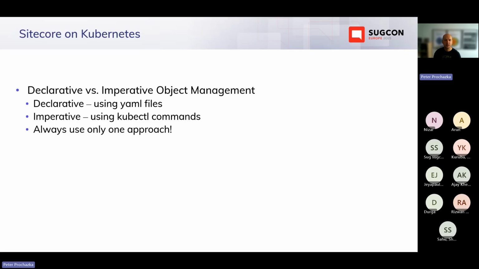So advantages, of course, with imperative, you can quickly change things, but the problem is that you don't have the knowledge, or if you have lots of people within the team, you don't know who changed what, on that cluster, on those spots. So the declarative approach is much better if you have larger teams, so they are always on par.